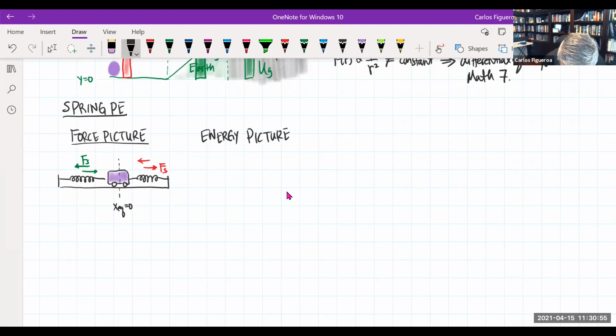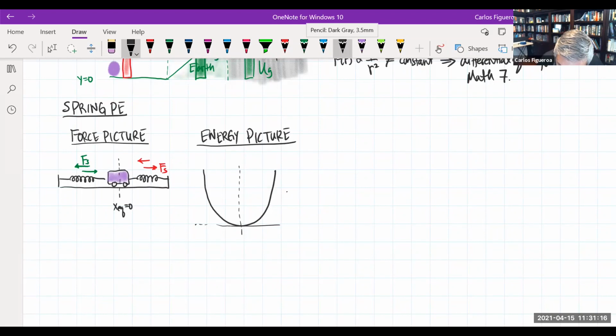So if I look at that energy picture, we don't look at it this way. What we have here is a parabola. And this parabola, what we find here is that when we look at this thing, we have this energy field.